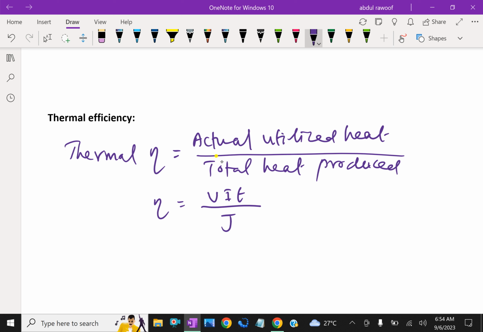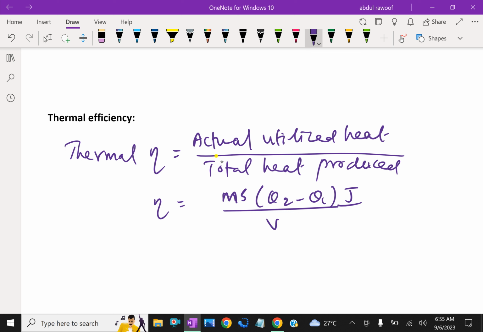Therefore, efficiency equals MS into theta 2 minus theta 1 over VIT into joule.